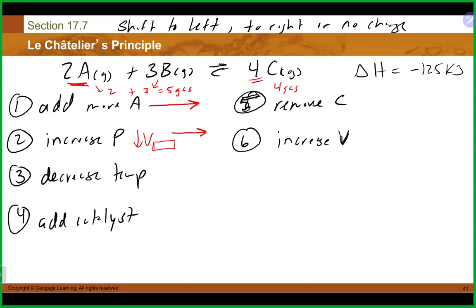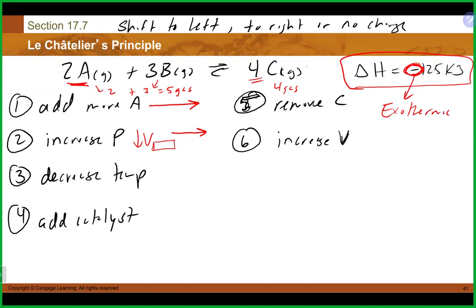We're going to decrease the temperature. So temperature works the same way as concentration. So when we decrease it, it should go towards it. It depends if it's exothermic or endothermic. So here we have a delta H given to us. The number is not important, but the sign is really important. The sign tells us it is exothermic.